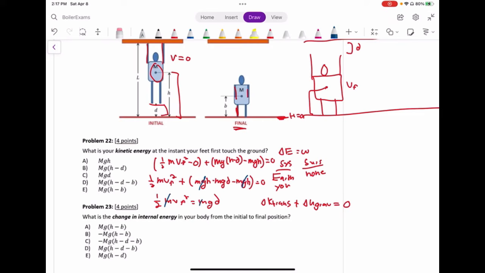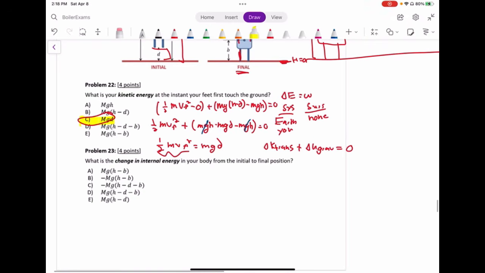And cancel. What are we looking for? Oh, wait, we just want kinetic energy. Never mind. So this whole term is what you would call the kinetic energy. So mgd. Oh, I'm behind. mgd is our final answer, which looks correct.